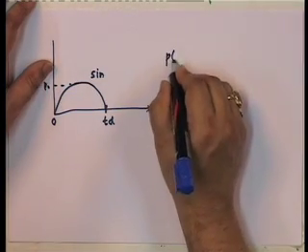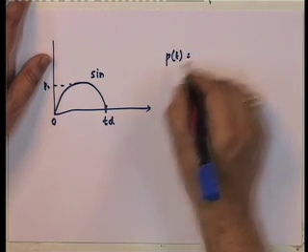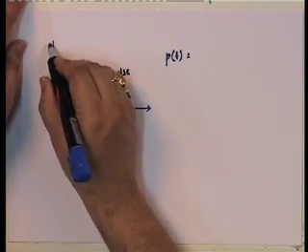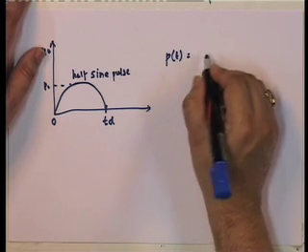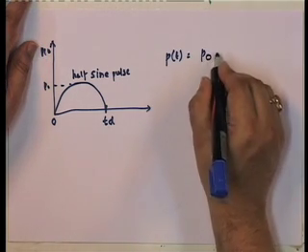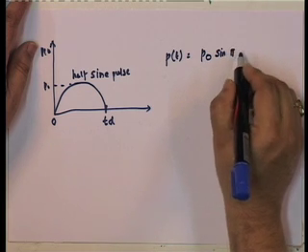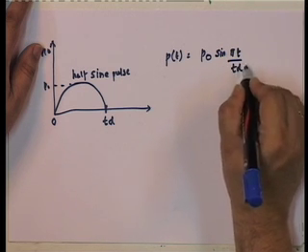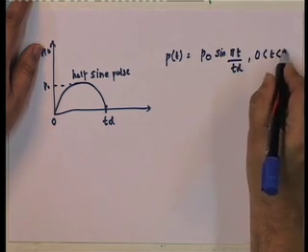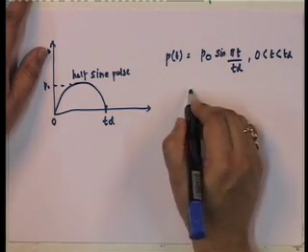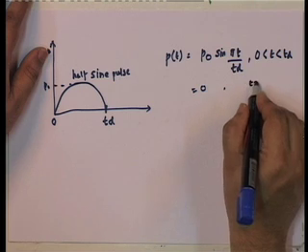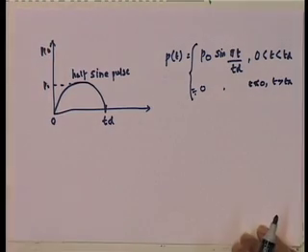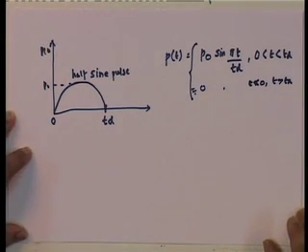So P of t is equal to P naught sin(pi t upon T d) for 0 less than t less than T d, and is equal to 0 for t less than 0 and t greater than T d. This is my half sine pulse.